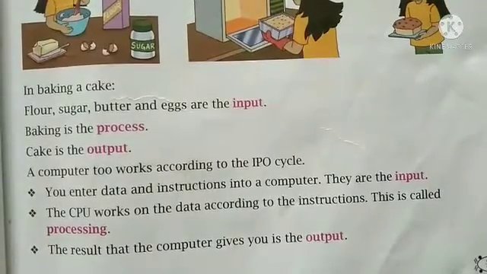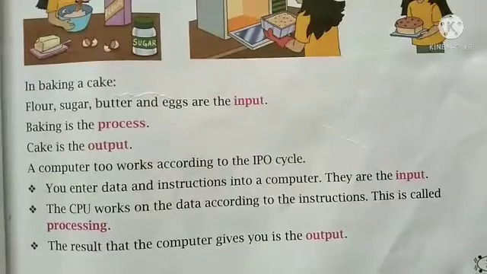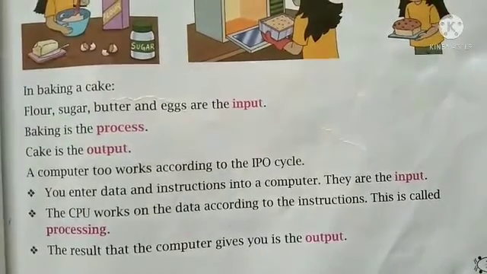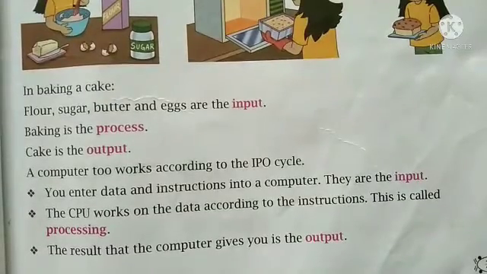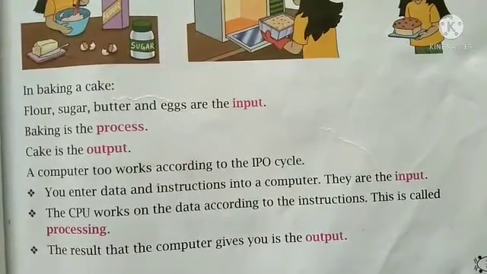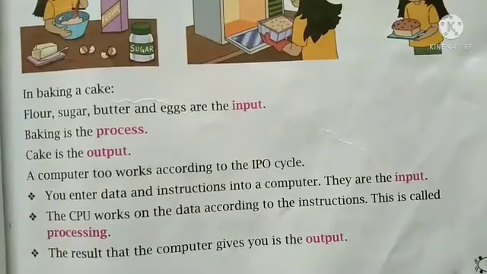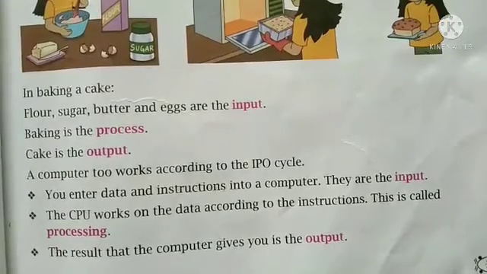So it is output. The result that we will get from a computer will be our output. So a computer works on the IPO cycle, that is input, process and output. In input we give data and instruction to a computer, then the CPU will process it and then we will get output.